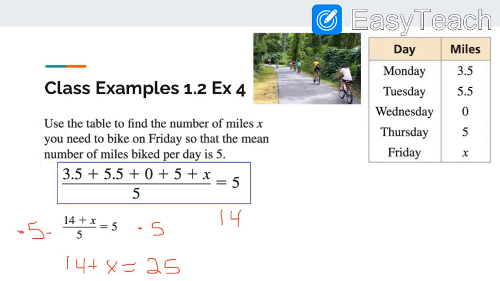So 14 plus x equals 25. Subtract 14 from both sides, and we would have x being 11, meaning the answer, the number of miles we must bike on Friday, would be 11.